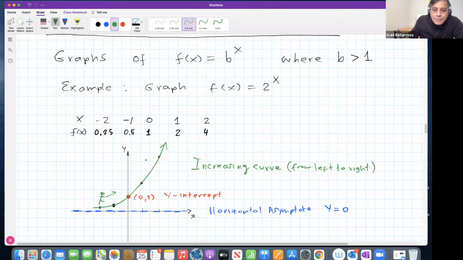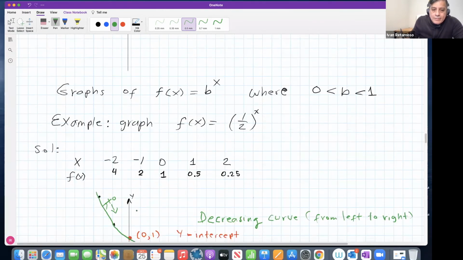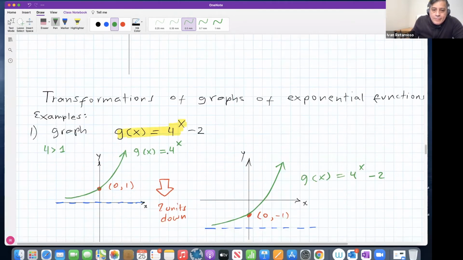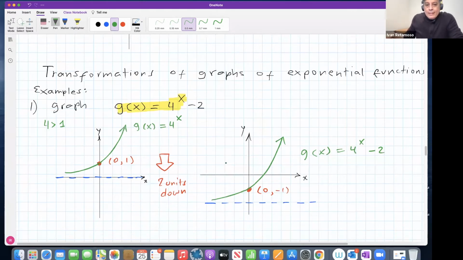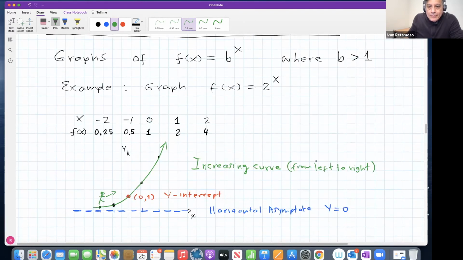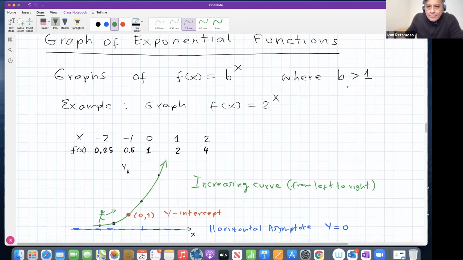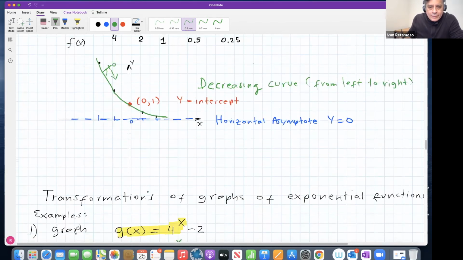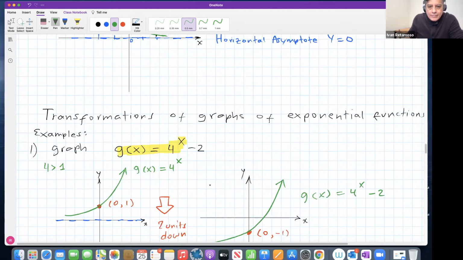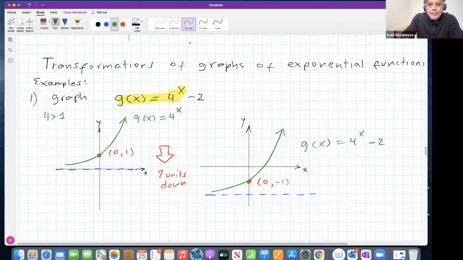It will be steeper than g of x equals 2 to the x, perhaps, but this will be the main shape. You follow that, Gabriela? This was gotten from this because the base was greater than 1. We wrote it here, 4 greater than 1. And then from there, we just put it 2 units down.